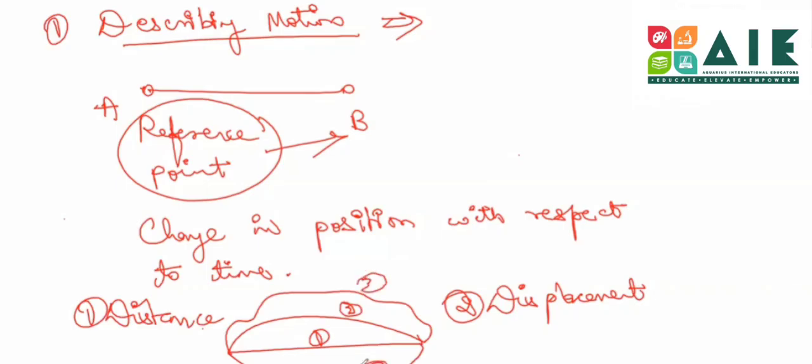At a given time, what exact path you are choosing to travel is known as distance. Understood? Yes, ma'am. The actual path traveled is known as distance. But the shortest path, if you have chosen, that will be known as displacement. Making sense? Yes. Great.